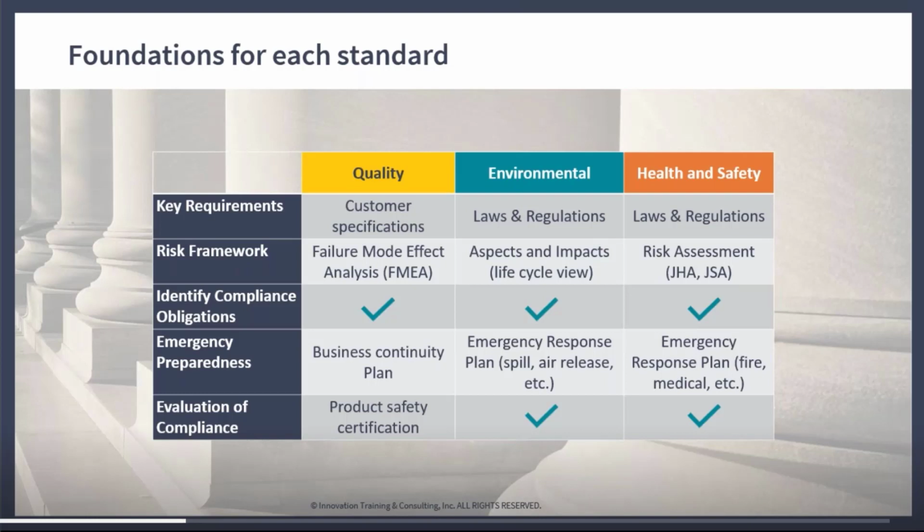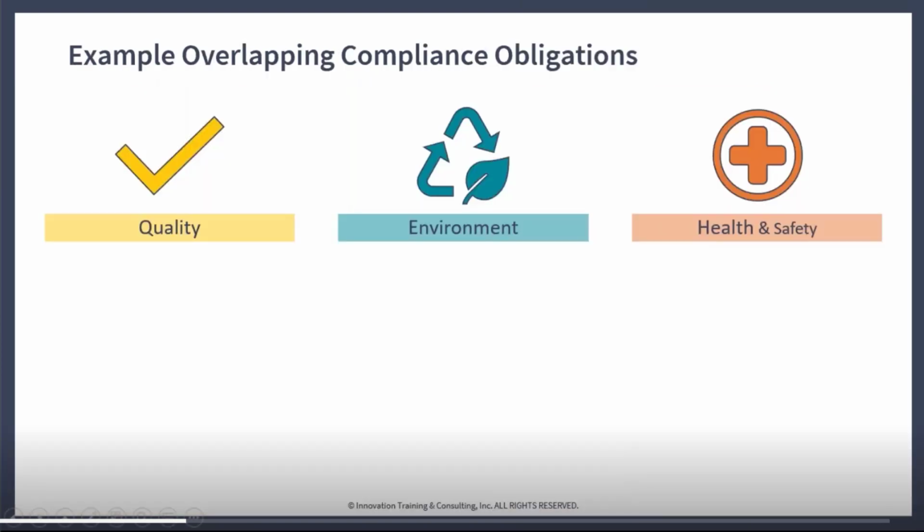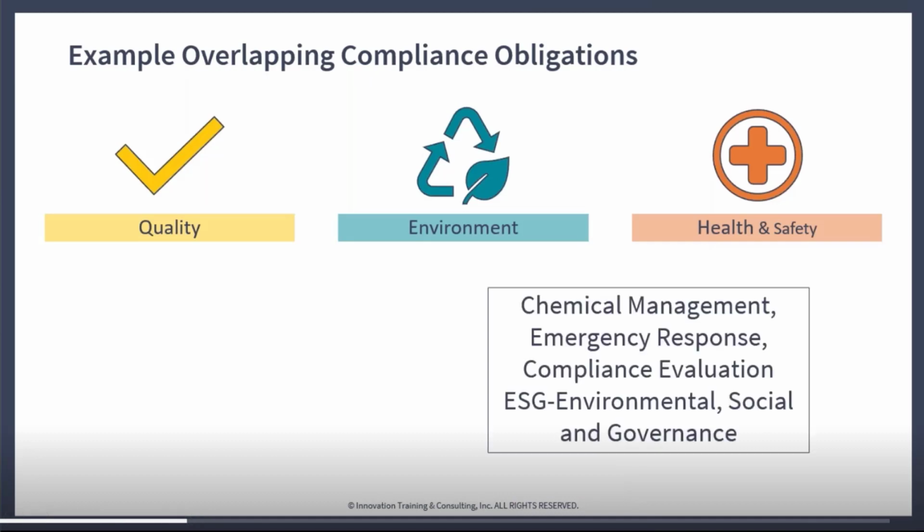So we've talked about a few of these. The ESG, that's the environmental, social, and governance. This relates to transparency in your operations that you report. If you're publicly held, you might find quite a bit of interest by investors in what you're reporting. If we look at the overlap between quality and environmental, this information about the prohibited materials becomes important, right?